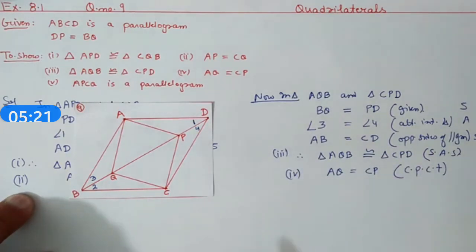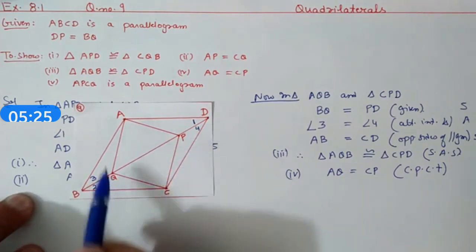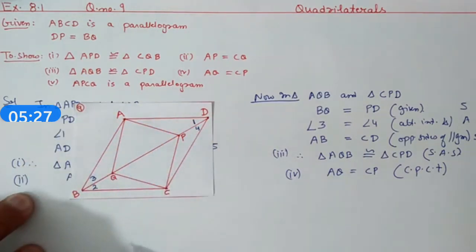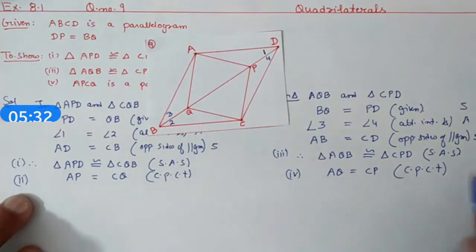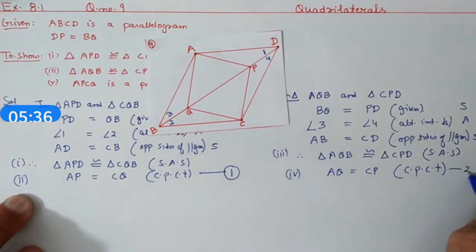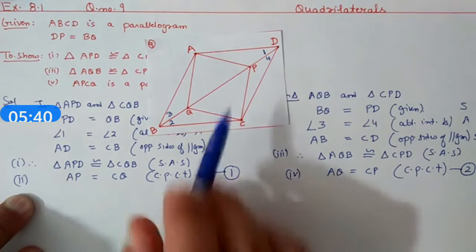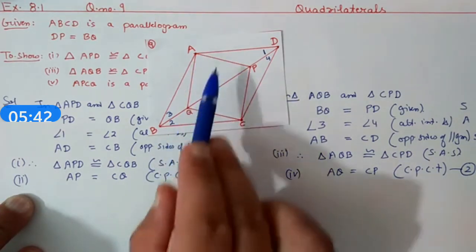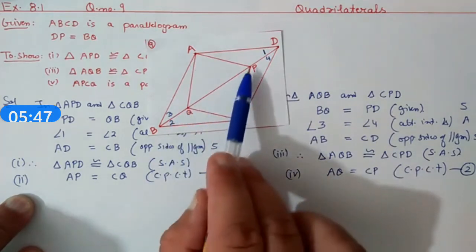Then for the fifth part, APCQ is a parallelogram. So we will mention equation number 1 and 2 here. Equation number 1 is AP equals CQ, and AQ equals CP is equation number 2. Then from 1 and 2, AP equals CQ and AQ equals CP.